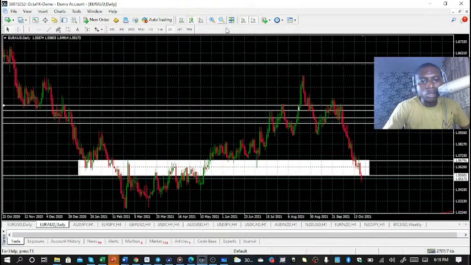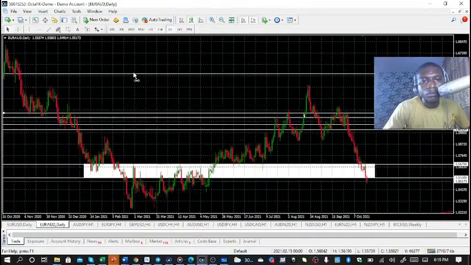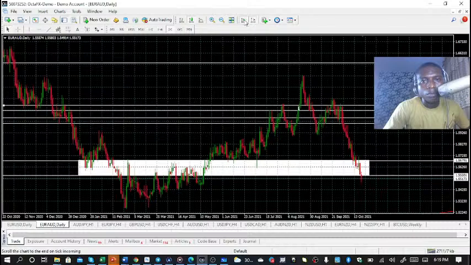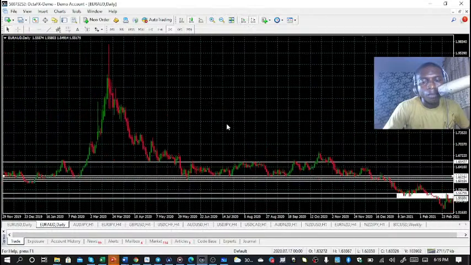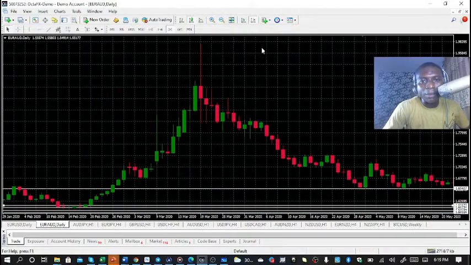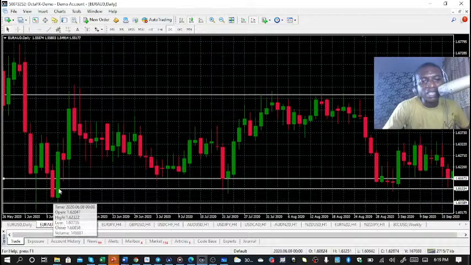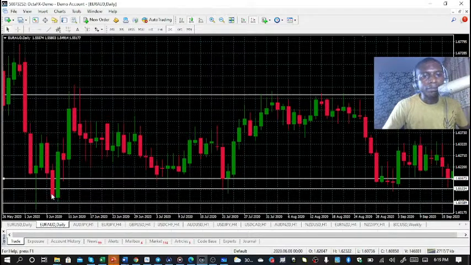Now, looking at the support level, look at what's happening here. At this level here, this is the support level. Price is finding it difficult to break down below this level.